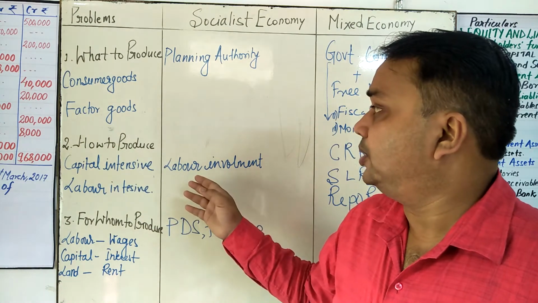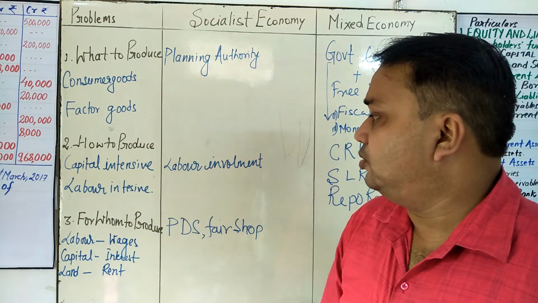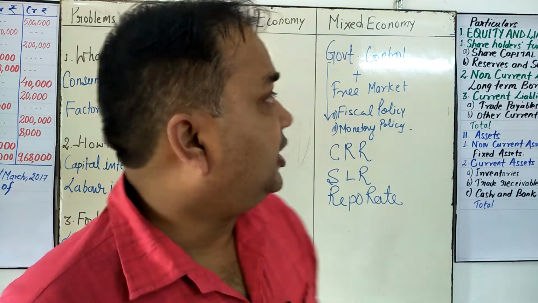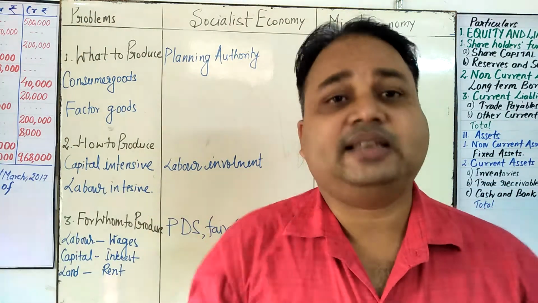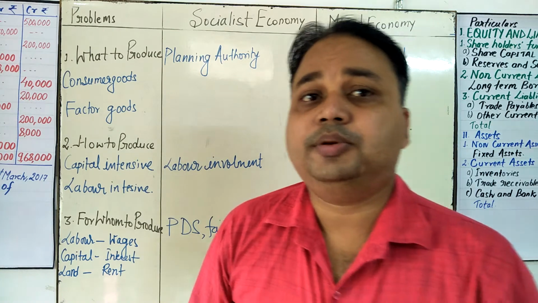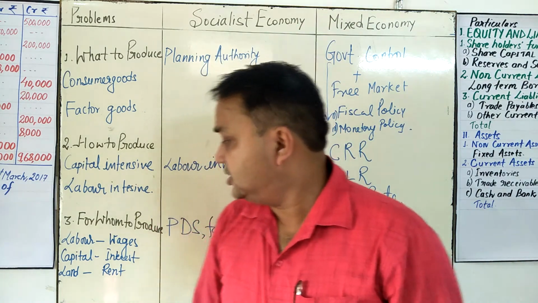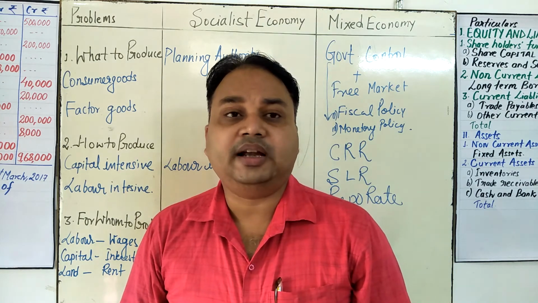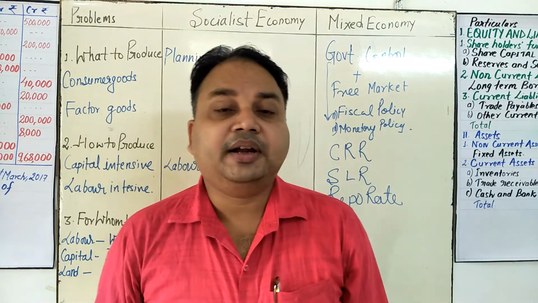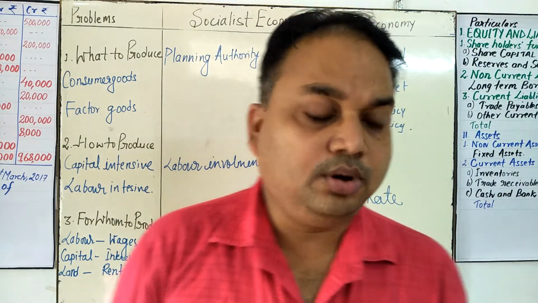So how to produce is completed. Now, for whom to produce? In this type of economy, whatever the national product is, it is converted into national income in the form of wages, rent, interest, etc. They are decided by either the free market or the government.